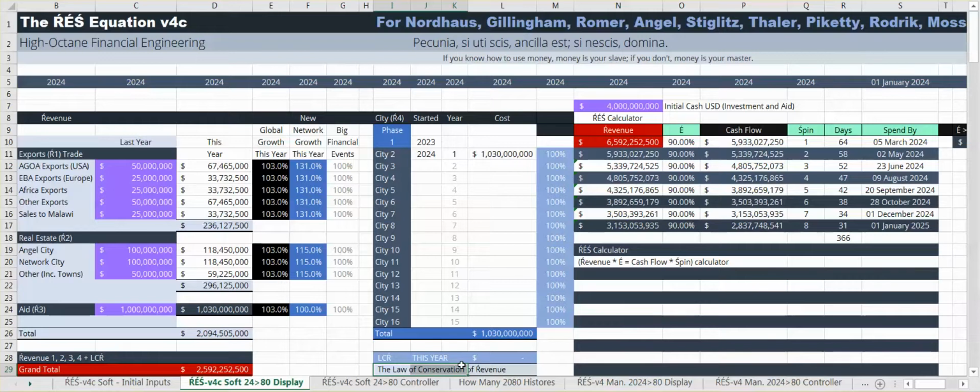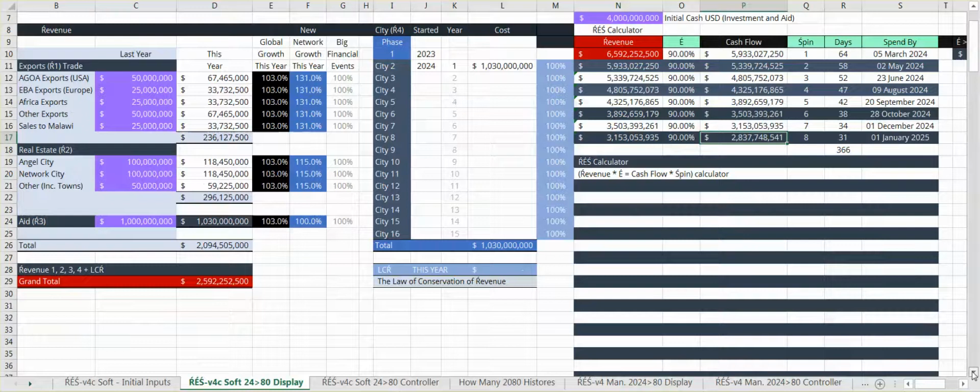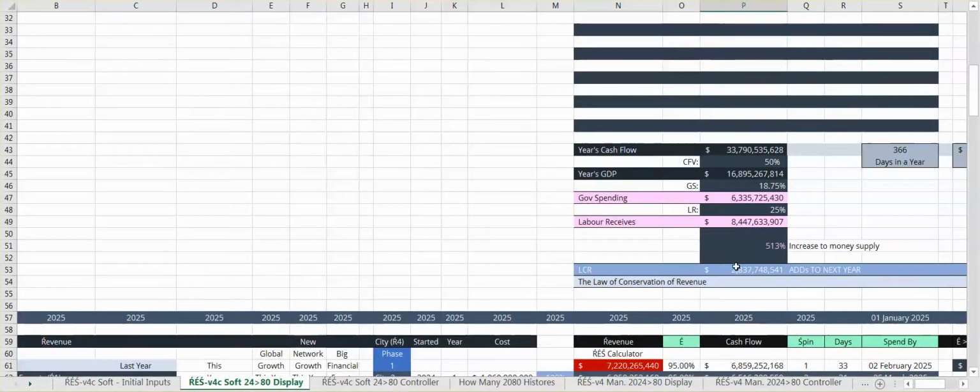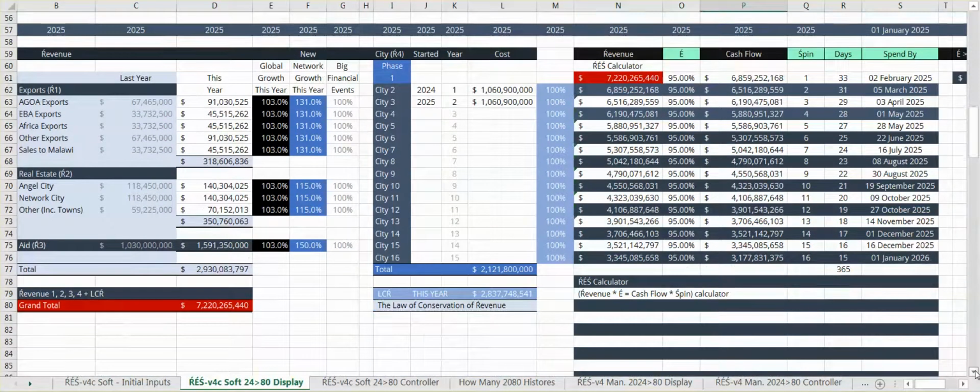In brief, we see P17, our final cash flow after the 8th spin, is copied to P53, which is then copied again to the following year, 2025, here, L79, which becomes a factor, a part of this grand total, which is then moved to the beginning of the RRT calculator, which completes the circle.